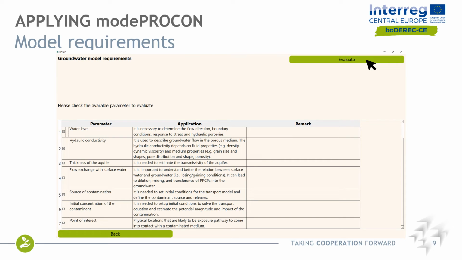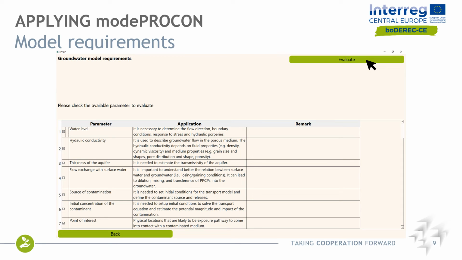Besides this, we suspect the river as a source of PPCPs in the study area, and the measured concentrations in the river are also known. The point of interest is in our case the extraction wells next to Neufahrn.